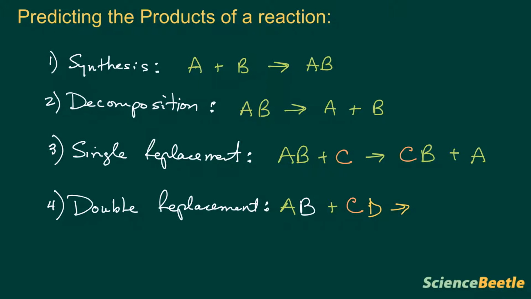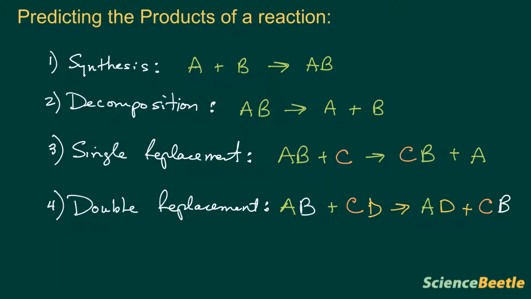So you have A combining with D, and then the other item that you wind up getting is C combining with B. And so what you see here is that A was replaced by C, and the remaining one, the cation C, was replaced by B.